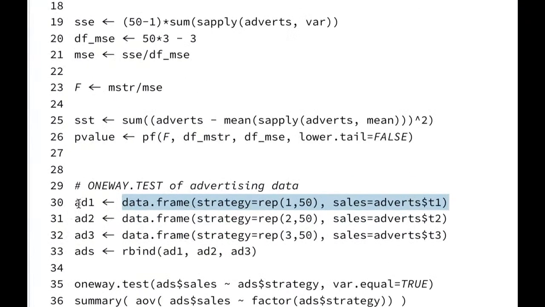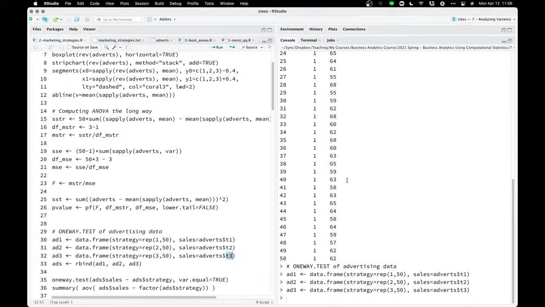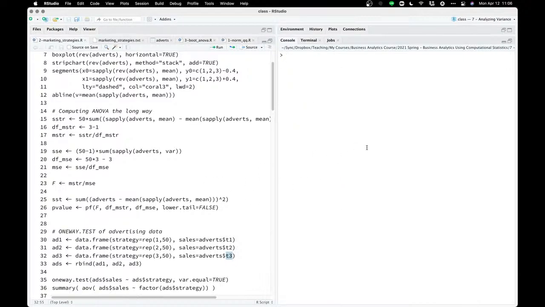I can do this 3 times for the first advertisement, the second advertisement, and the third advertisement. All I'm changing is the treatment numbers, and the sales numbers are coming out of the adverts data set. Okay. So ad 1 looks like that.